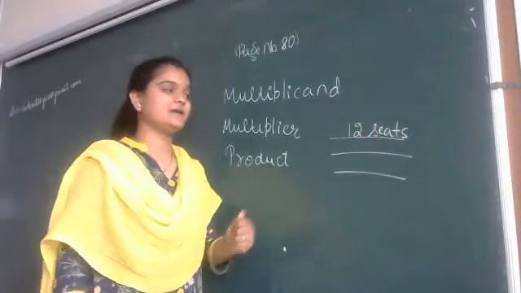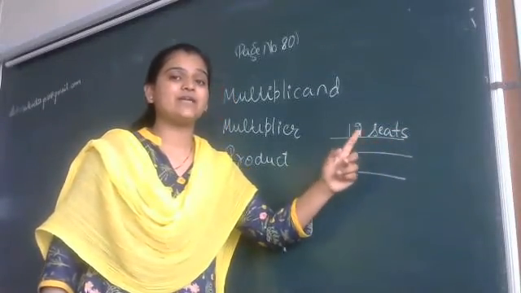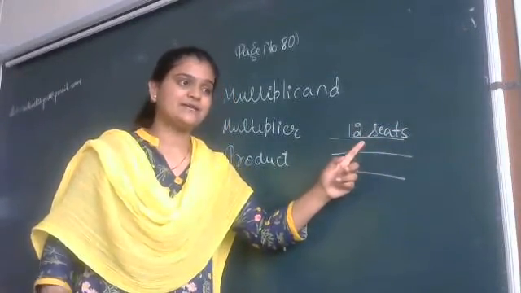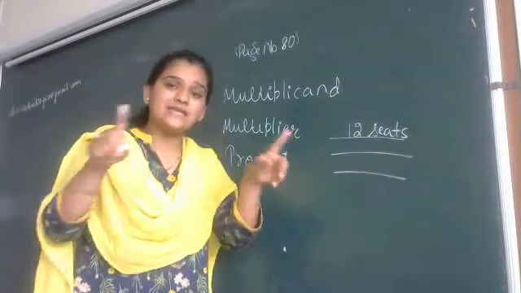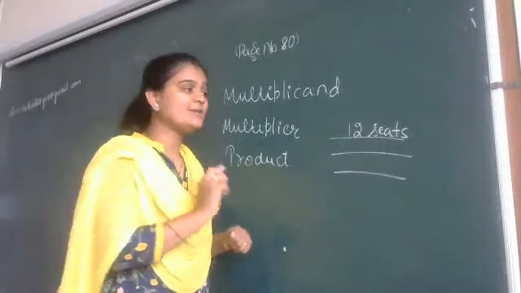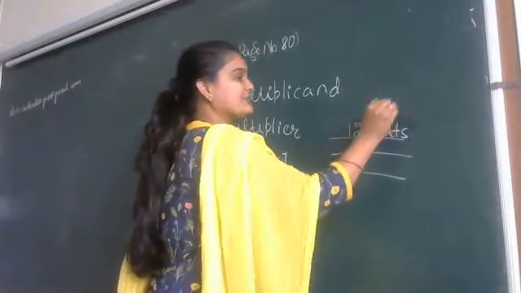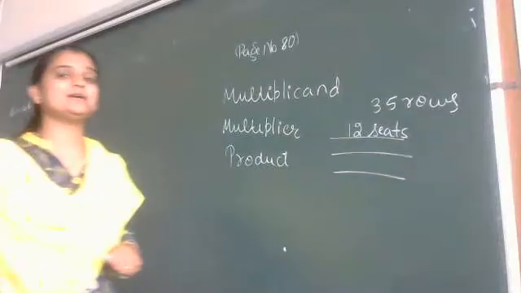Is it clear? In a cricket stadium we have totally 35 rows. In each row we have 12 seats. So tell me, what is 35 rows? Whether it is a multiplicand, multiplier, or product.